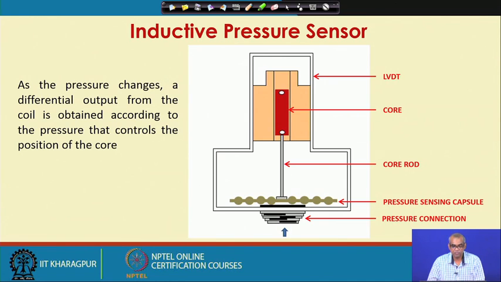Let us just look at the inductive pressure sensor. This uses a linear variable differential transformer or LVDT. The inductive pressure sensor is basically a pressure transducer. So, it receives pressure as input signal and gives us an electrical signal as output.